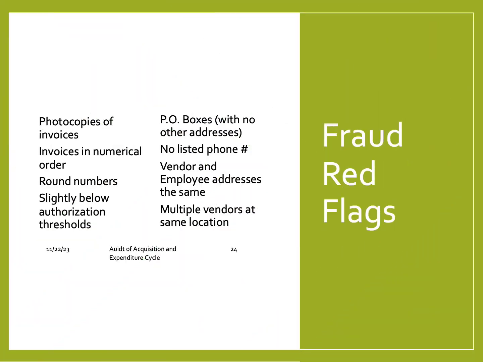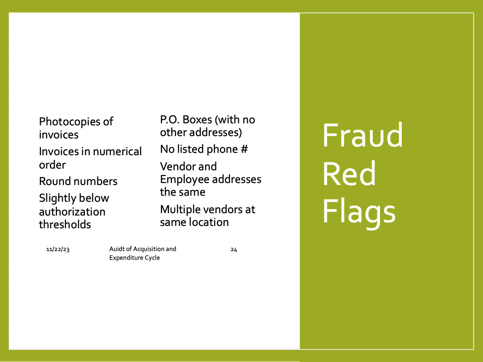Fraud red flags are indicators that may suggest potential fraudulent activities. These red flags are important for auditors to recognize as they can signal various forms of fraudulent behavior, including overbilling, fictitious invoices, or collusion between employees and vendors. For example, consistent use of sequential invoice numbers, which may indicate the creation of fictitious invoices.